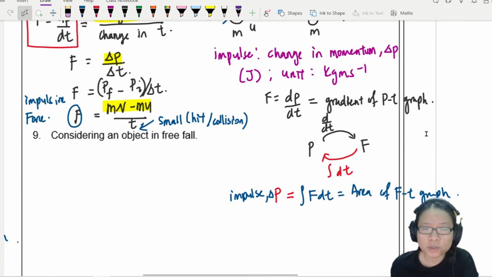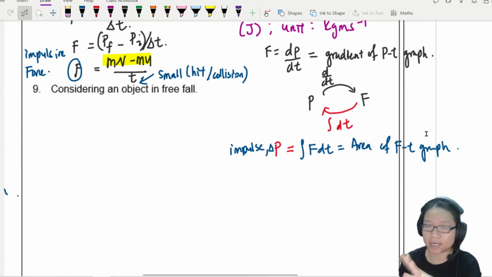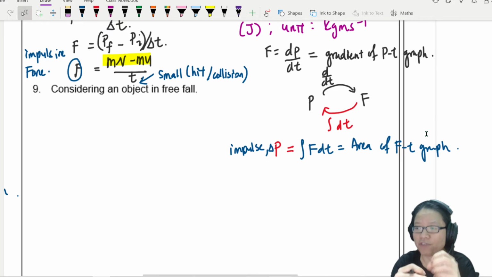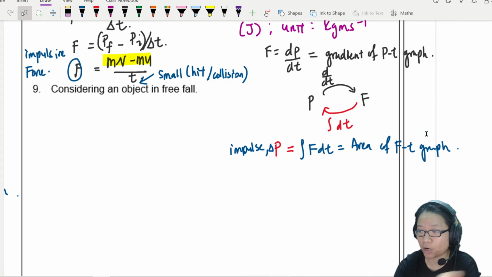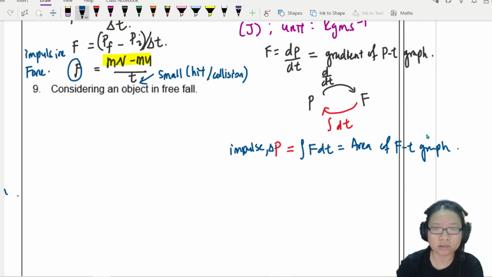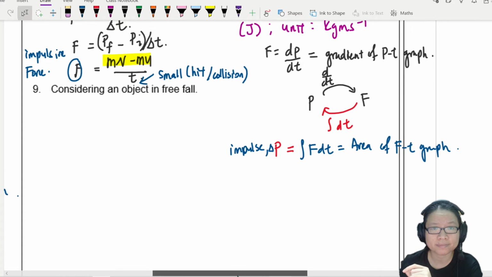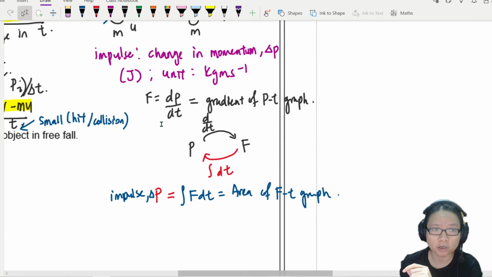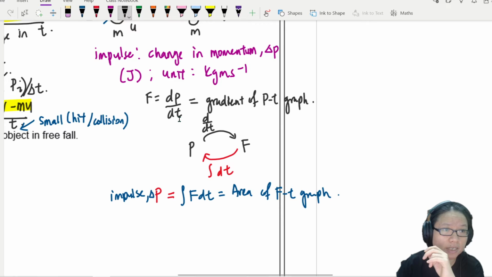So when you consider Newton's second law, there are a lot of variations that the question can branch out into. We have looked through the more common variations, and sometimes in certain objective questions they will give you a graph. Whether it's p-t or F-t, you should know how to get one from the other. In summary, from Newton's second law, F is dp/dt.